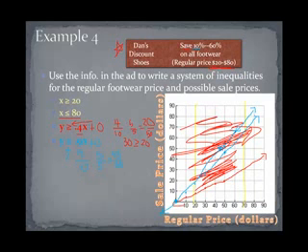We need to test our point. Let's test the point 50, 30 again. It is below that line, so let's try 50, 30.